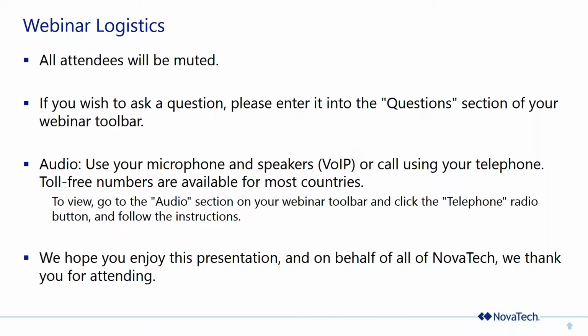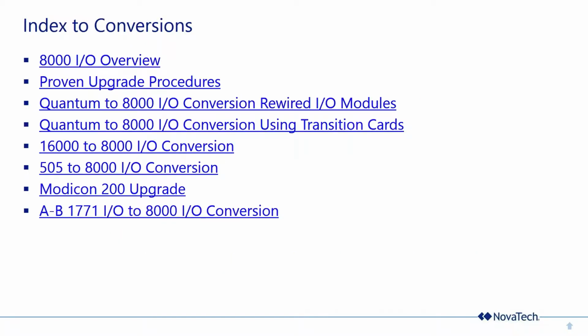So I'm going to dive right in. What are we going to cover today? We're going to cover briefly an 8000 I/O overview, just some of the key points for those of you who aren't familiar with it. Then I'm going to go into proven upgrade procedures. I've moved this to the second item today. In the past, when I've done similar presentations, I've kept it to the end.